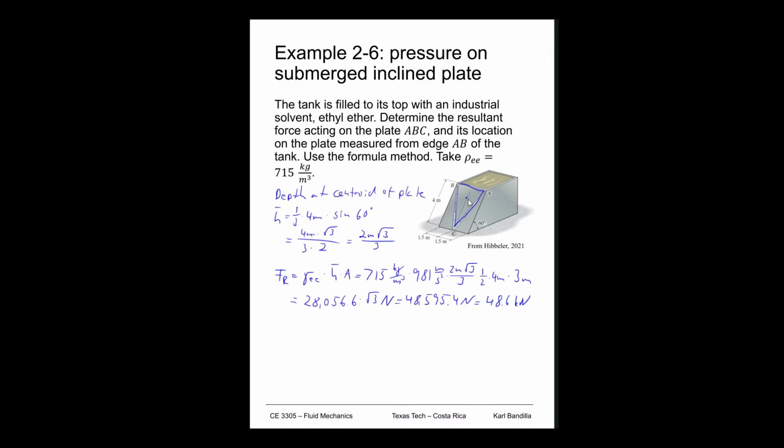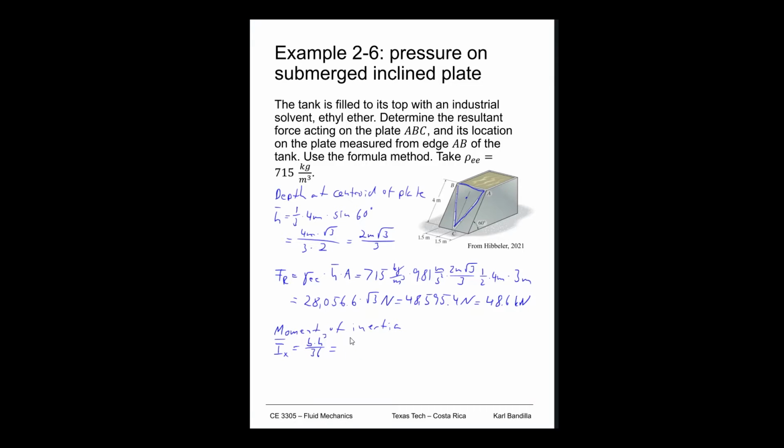All right, so that's the amount of force that's on there. Now we need to find its location, and to find the location, we first have to find the moment of inertia for the triangle. We can look that up, we did that in statics. Ix bar is equal to the base of the triangle times the height of the triangle cubed divided by 36.